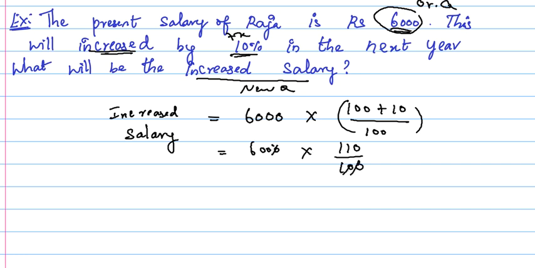You can cancel these two terms. After the multiplication, you get 6,600 rupees.